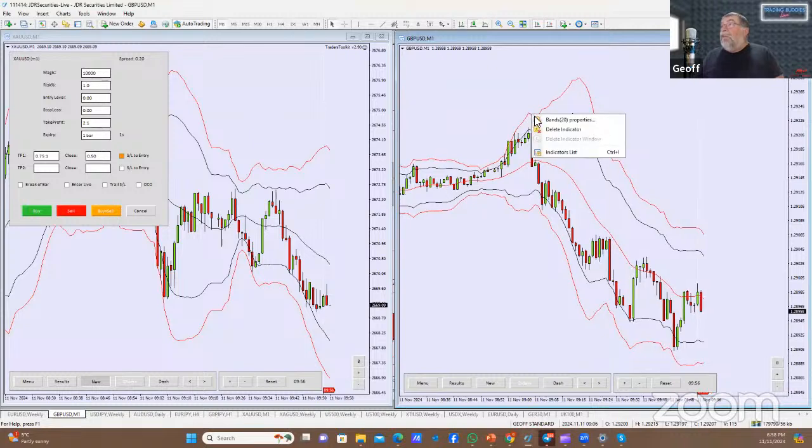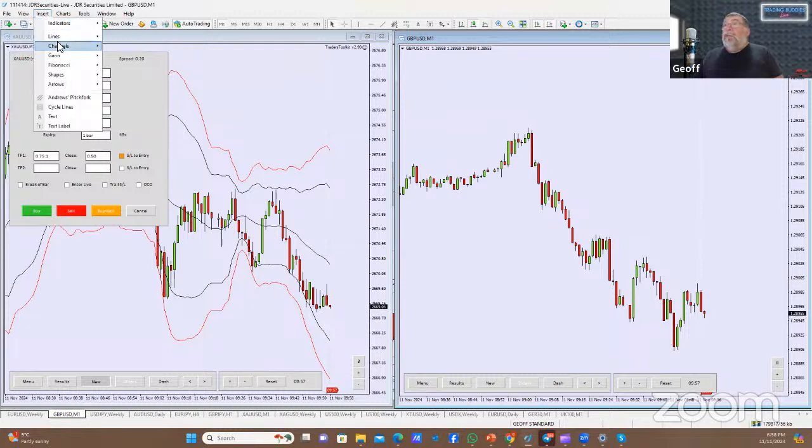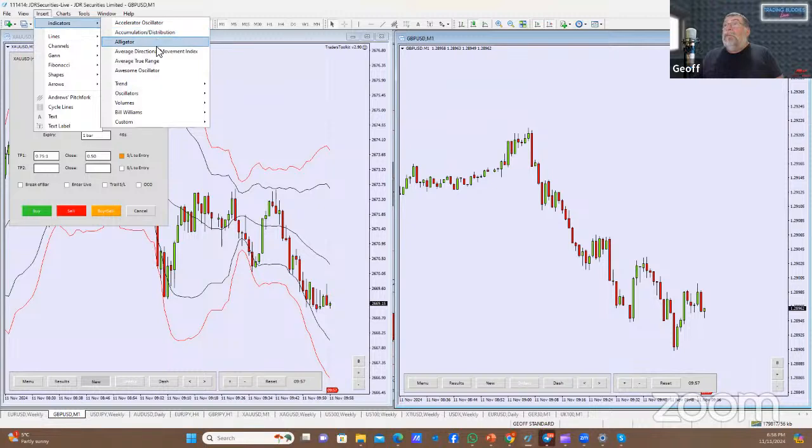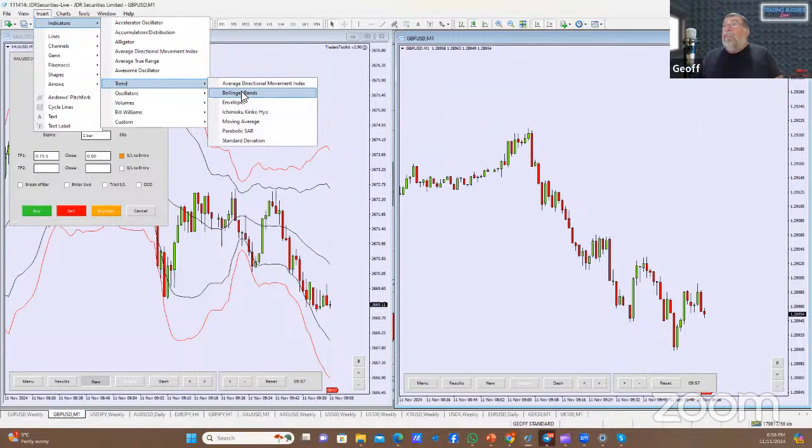But here's how you set them up. I'll get rid of them off my pound chart and show you how I set them up. So on an MT4 chart we go to insert, indicators, trend, and then Bollinger Bands. I'll do that again. Insert, indicators, trend, Bollinger Bands.